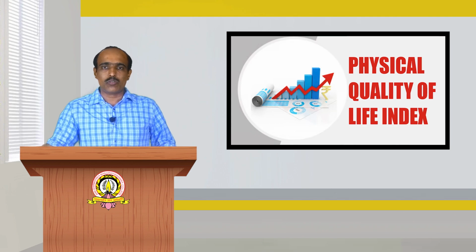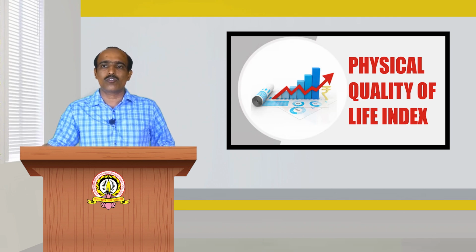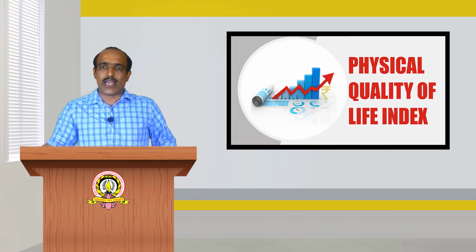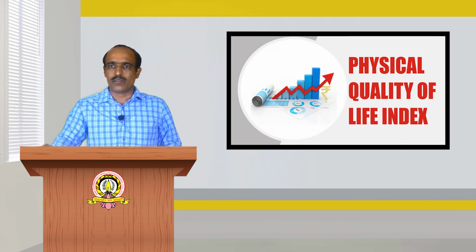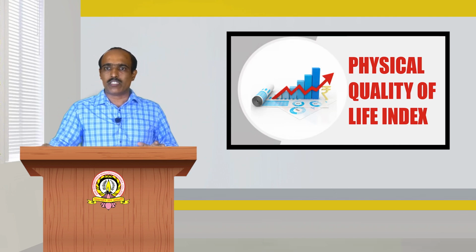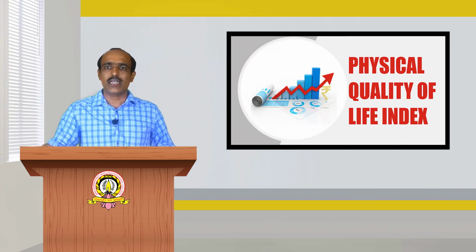When it comes to the measurement of PQLI, it is rated on a scale of 0 to 1. If the value of PQLI is 0, then it is considered the worst performance of the country as far as economic development is concerned. And if the value of PQLI is 1, it is considered the best performance.